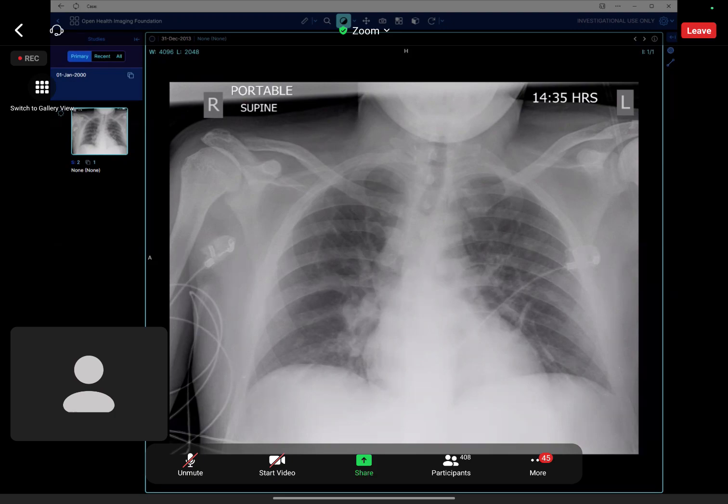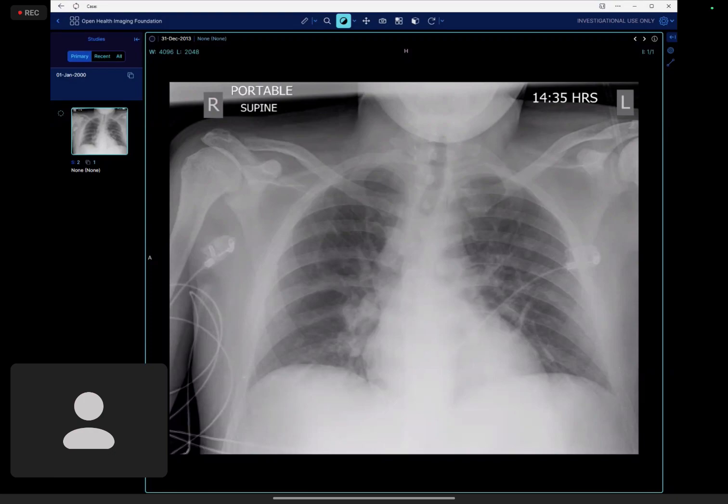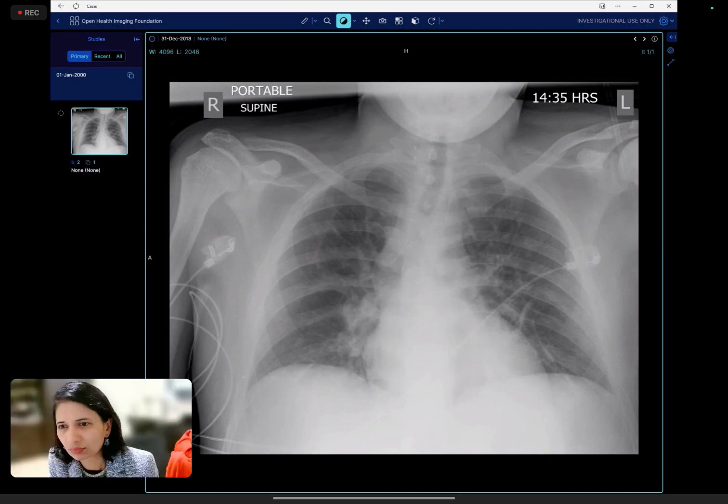The cardiac contours are well delineated, and the hemidiaphragms are also clear. In my usual practice, I would look at the costophrenic angles to see if there are any signs of pneumothorax, which I cannot appreciate here.